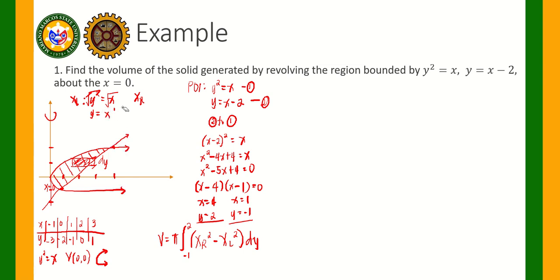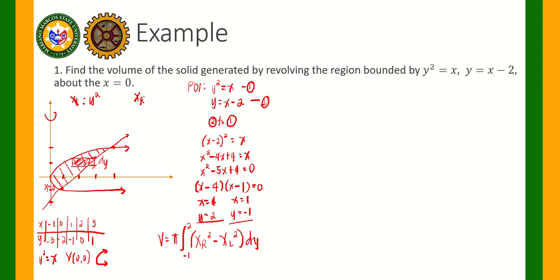That is why, we don't need to manipulate this one. Okay, so xl is equal to, ito siya. Since x is equal to y squared, that is equal to y squared. Xl natin siya since the left side of the strip touches this curve.